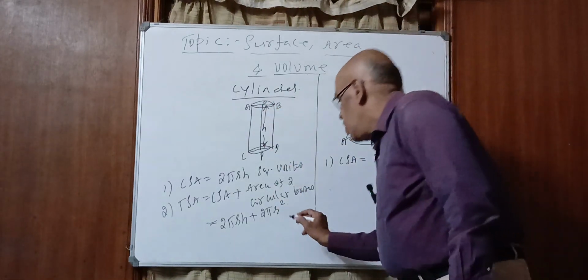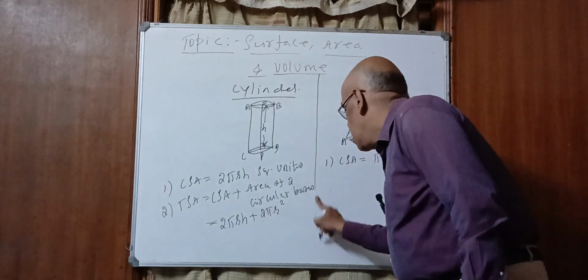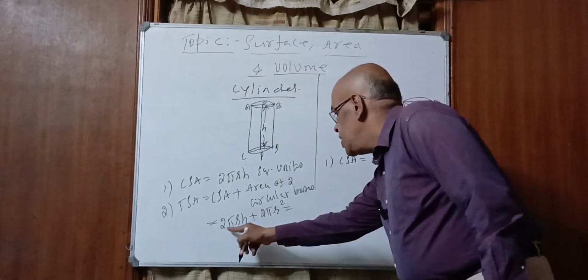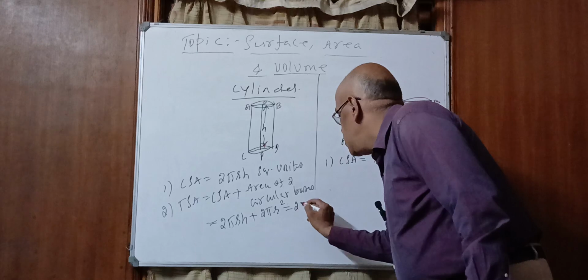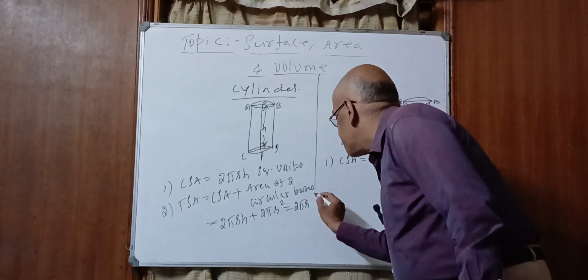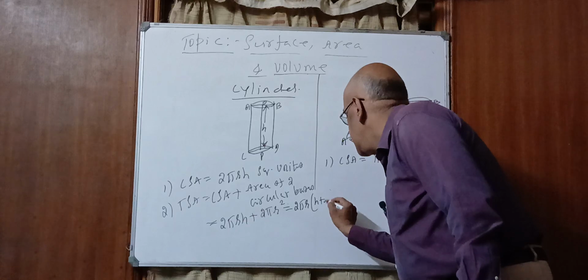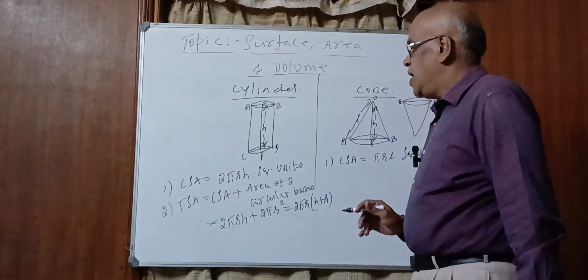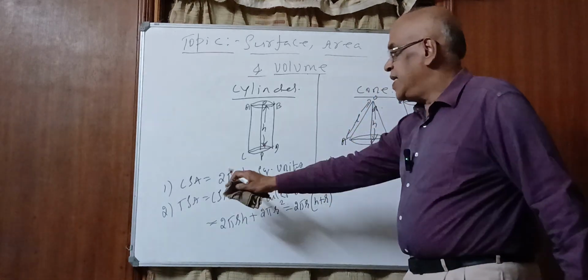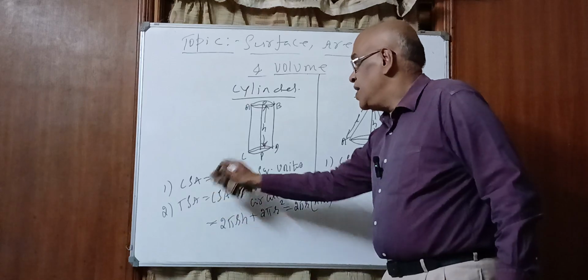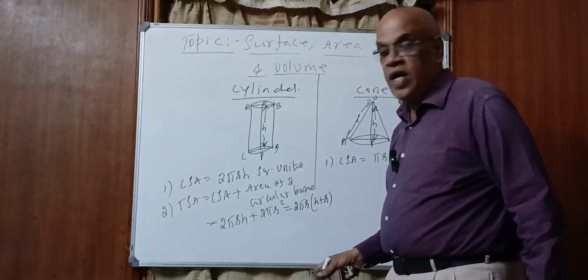Now take common here, children. What can you take common here? 2 pi r. What is left here? h plus r. Or else I do one thing, children. For TSA I have written CSA of the cylinder plus area of two circular bases.